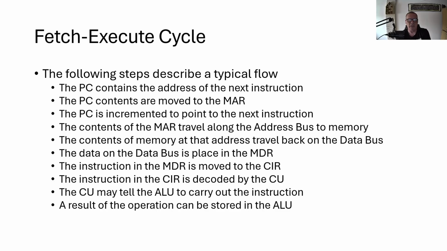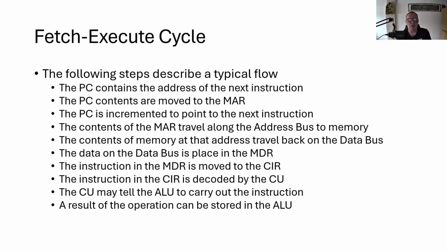Then the contents of the MAR will travel along the address bus, so they're traveling from the CPU to the memory unit, and then it will look up and find the data at that address. Now, in this case, the data is an instruction. That instruction is then placed on the data bus by the memory unit and passed back to the CPU.